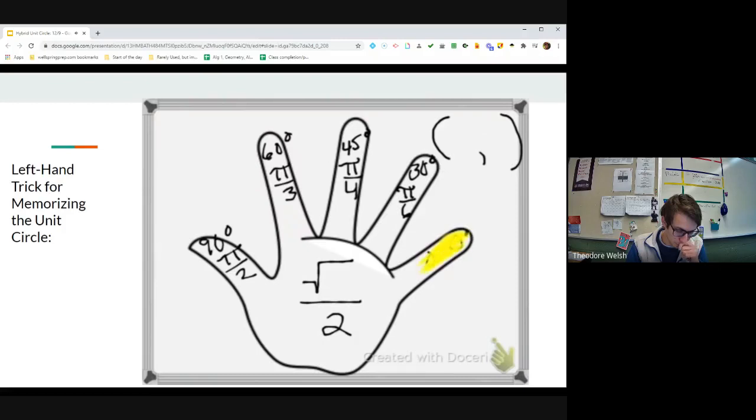So in this case, I want to know what are the x and y coordinates for 0 degrees. Well, I put that pinky finger down, and I have 4 fingers on the left. So I'm going to put a 4 under there, where the square root of 4 is 2, right?